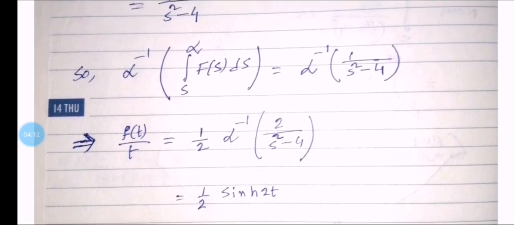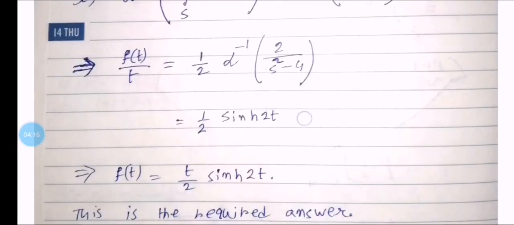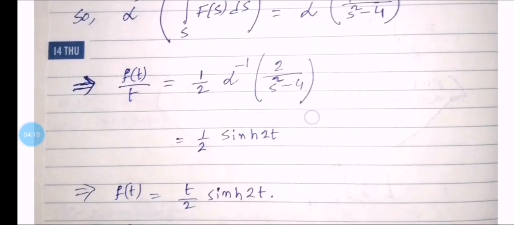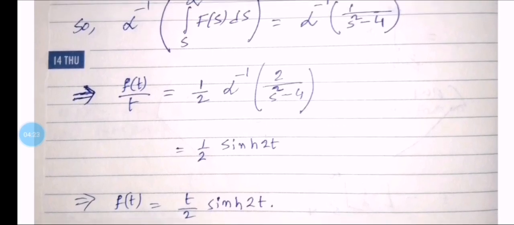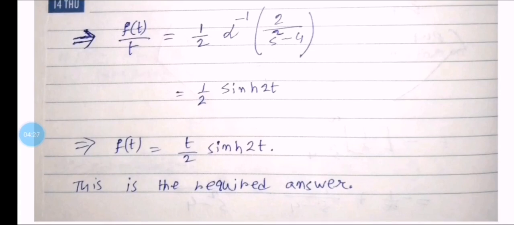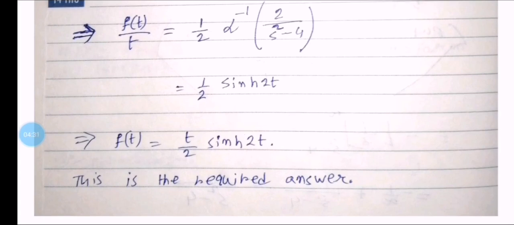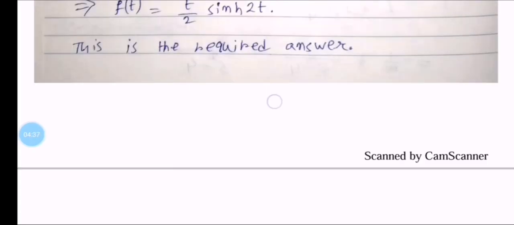On the right side, if we multiply by half and 2, the inverse Laplace transformation of 2 by s square minus 4 is sine hyperbolic 2t. So half sine hyperbolic 2t equals f t by t. So f t we can write as t by 2 sine hyperbolic 2t. So this is the required answer.